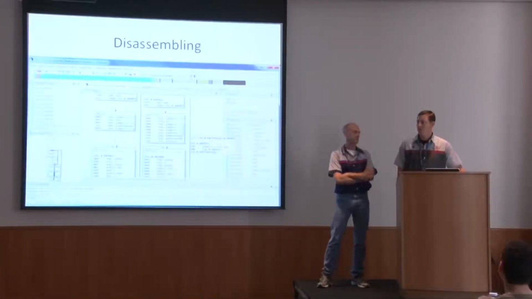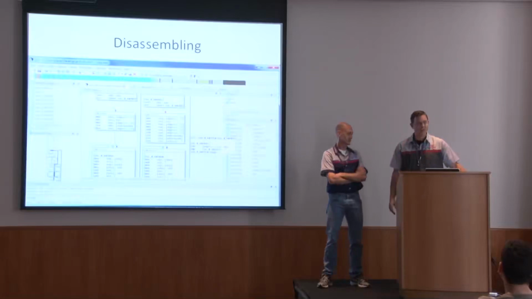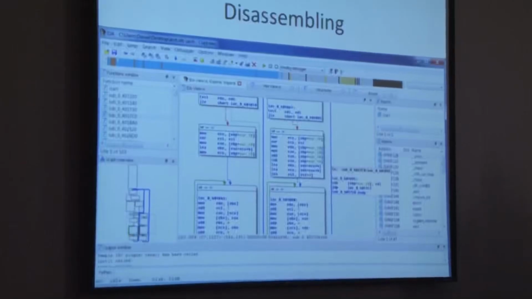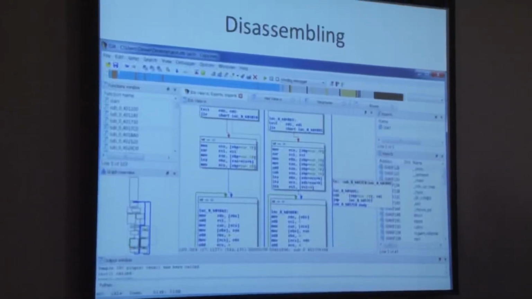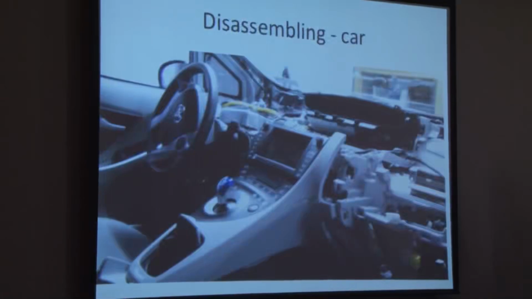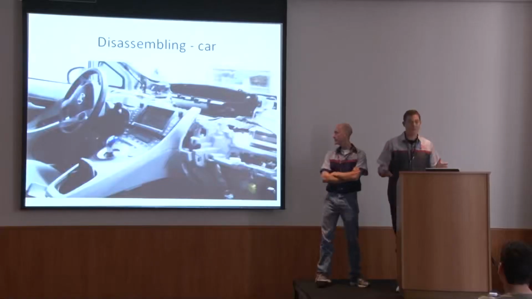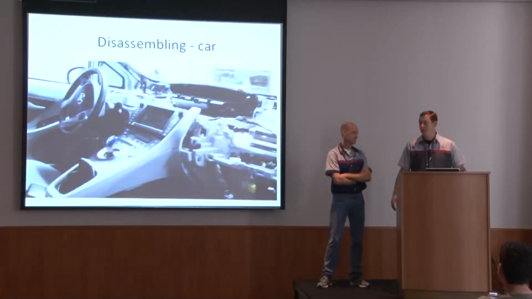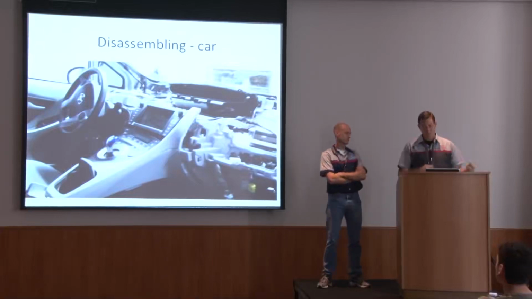Disassembly, right? There's probably a lot of people in this room who are familiar with reading disassemblies of computer programs. You're looking at code. You generally have an idea of where an entry point would be. Cars, on the other hand, require a bit more disassembly. We wanted to physically locate computers, so that involved ripping the car up.